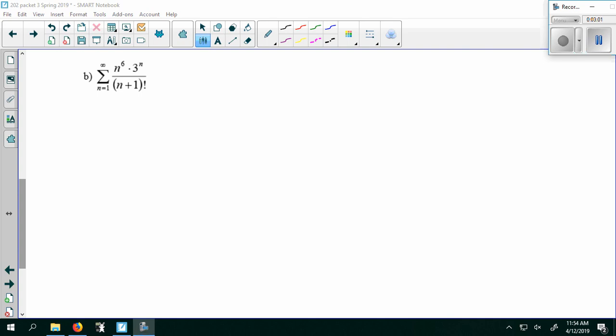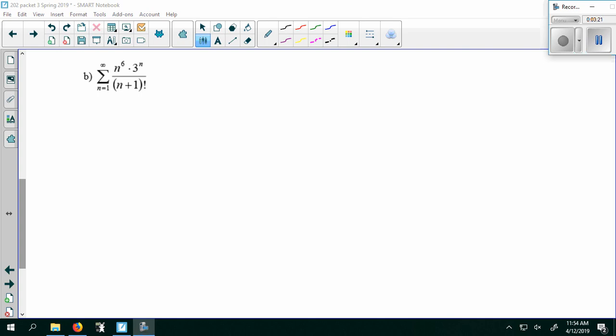Okay, this time I have a sum of n to the 6th times 3 to the n over n plus 1 factorial. Anytime you see exponentials and factorials, you want to head right for the ratio test because we're going to have some nice cancellations happening if we use the ratio test.